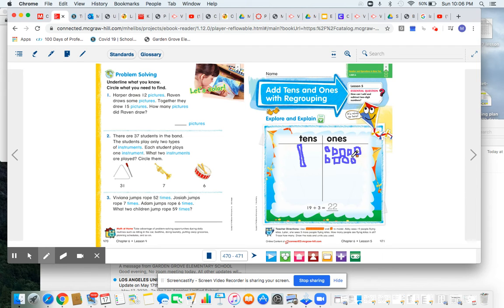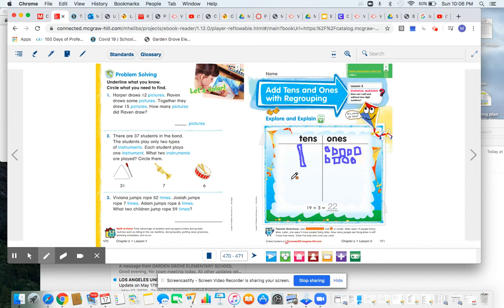So I have 9 squares that represent 9 ones, and I have one base 10 that represents 10. Okay, so she sees 19 kites flying.